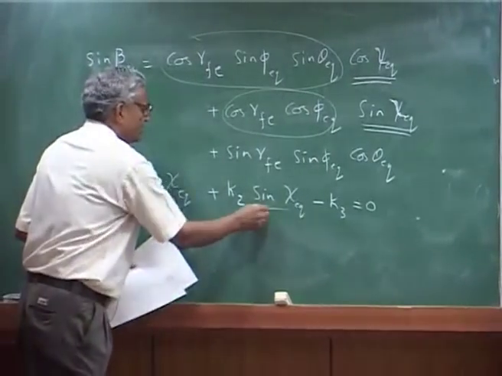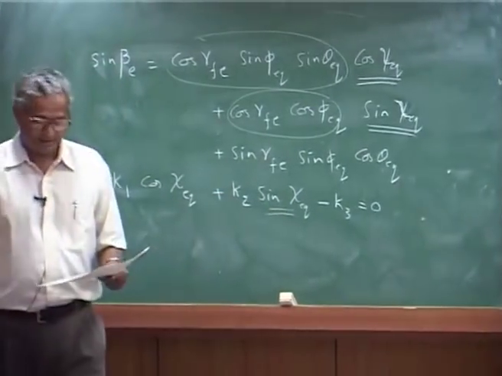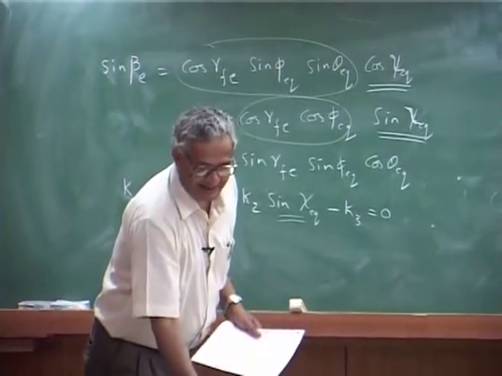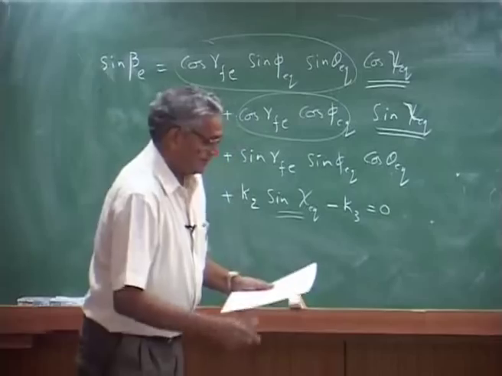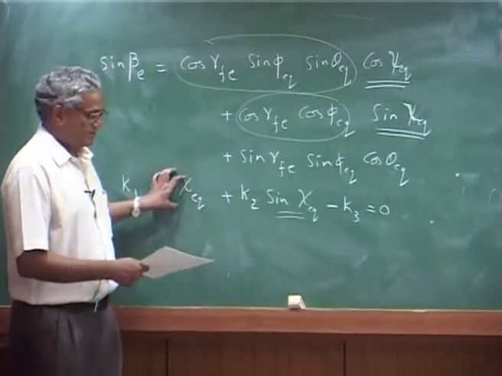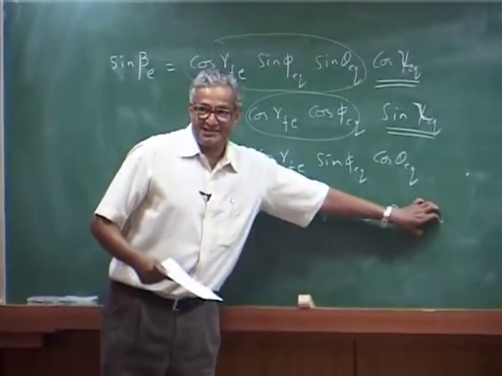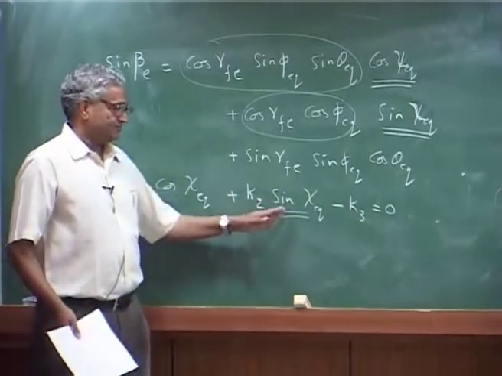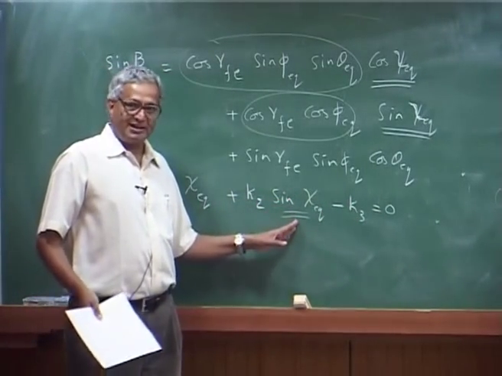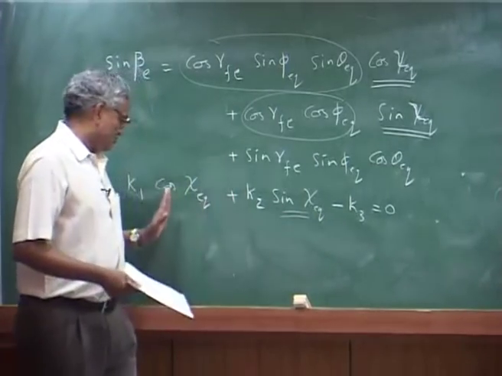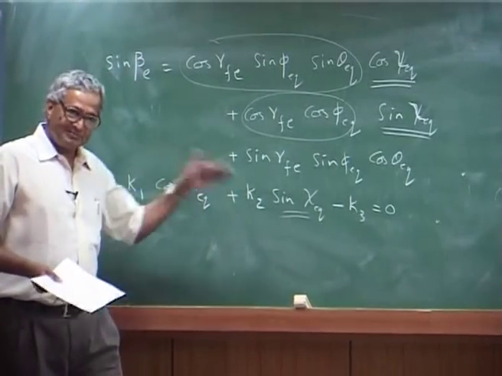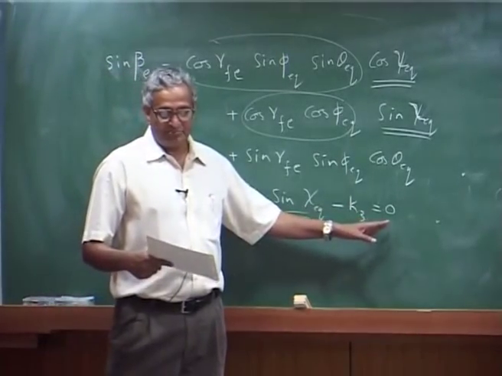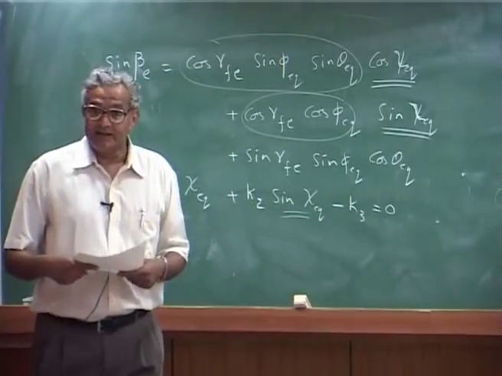Now, what you do is you convert either sine to cos or cos to sine, okay, and then take this term on this side, this term on the other side, square both, you will get cosine square, then this sine square can be or cosine square can be written as 1 minus sine square. So, you will have an equation in sine chi.